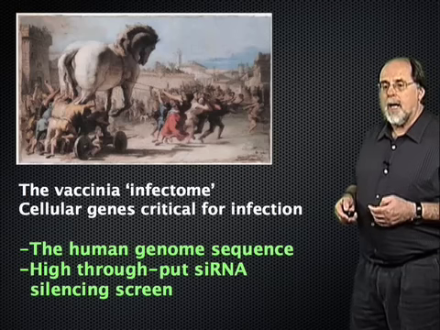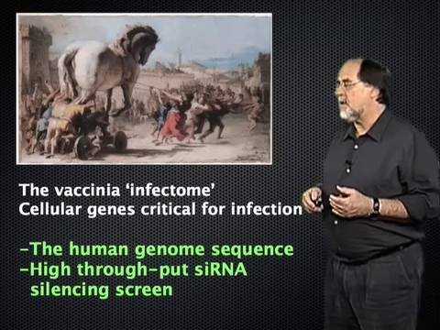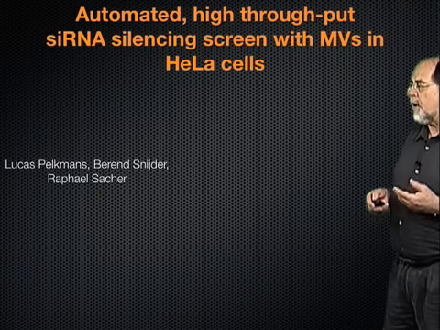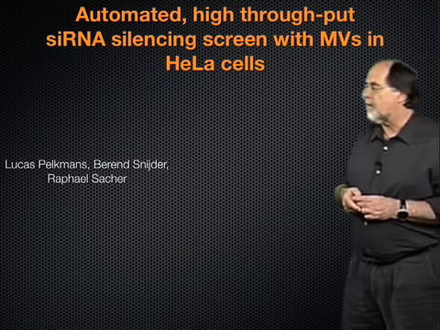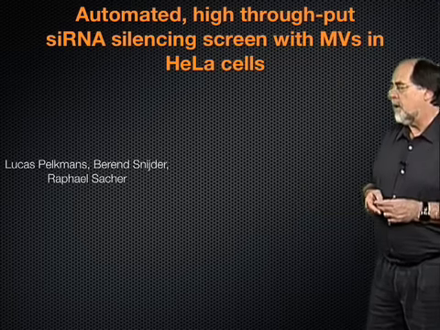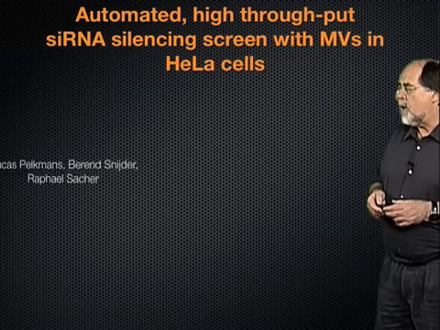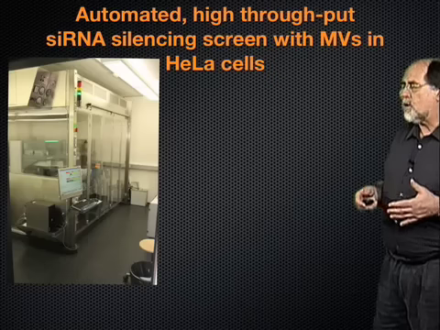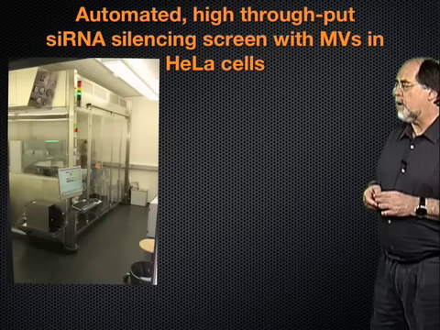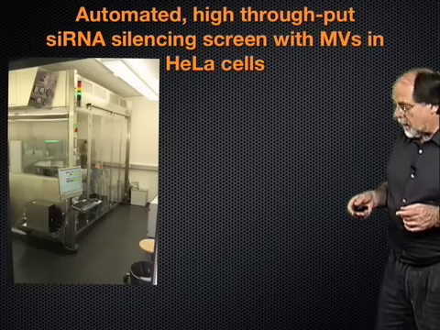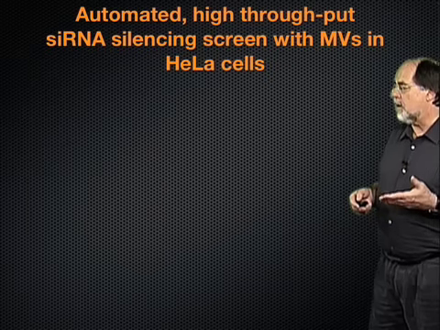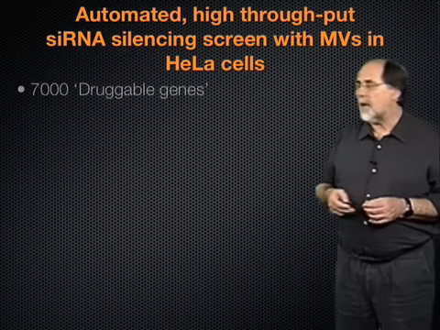So this work has to be done in an automated setting, and it was done together with Lucas Pelkmans, Bernd Schneider, and Raphael Sacher at ETH. So basically you need a robot to deal with the technology, also the infection, all the work is done automatically. And then we need a library of siRNAs.